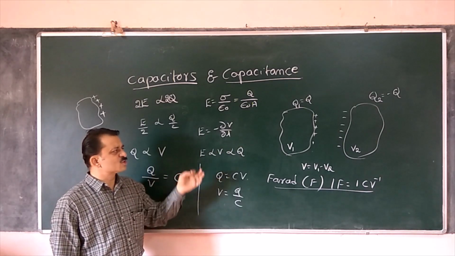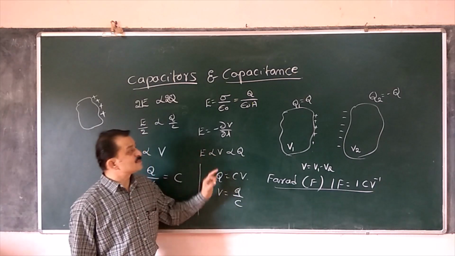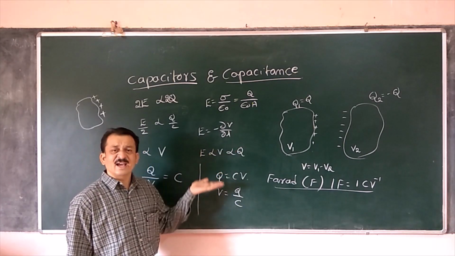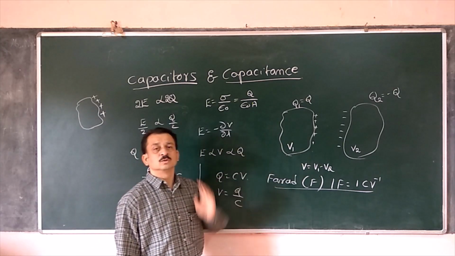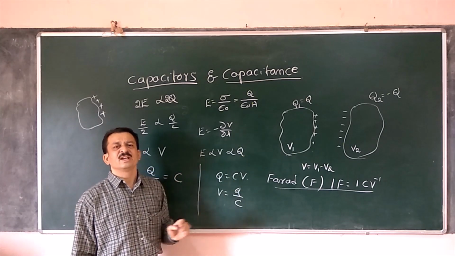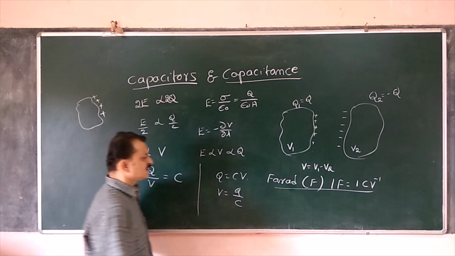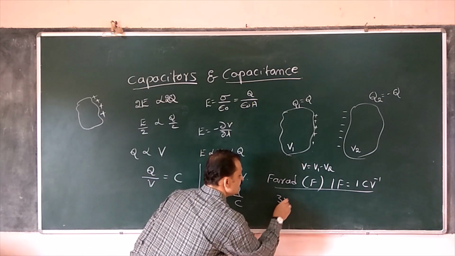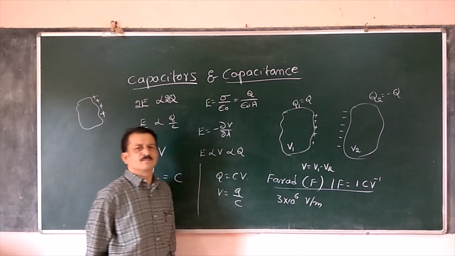Now that limit is called another concept, dielectric strength. The maximum electric field that a dielectric can withstand without any breakdown or without reducing the insulating property is called dielectric strength. For air, the dielectric strength is 3 into 10 to the power of 6 volt per meter.